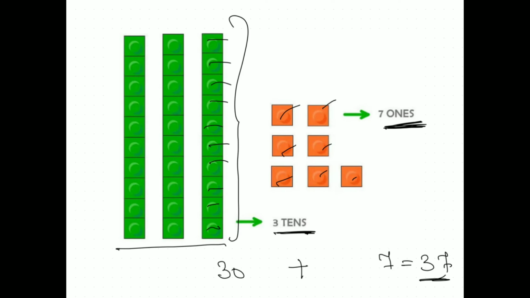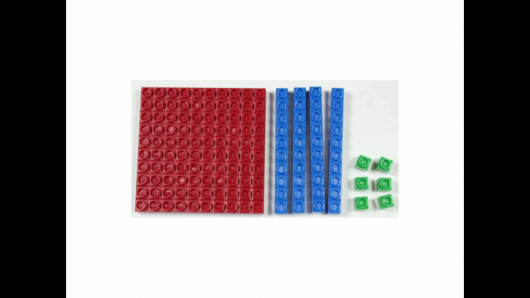Okay, now the next one. Let's try this one. How are we going to do it? Come on, let's do it with me. It is how many? 1, 2, 3, 4, 5, 6. So we will write 6 ones. So this is 6. Now here you all know this one unit contains 10. And how many are there? 1, 2, 3, 4. So this is 4 tens.